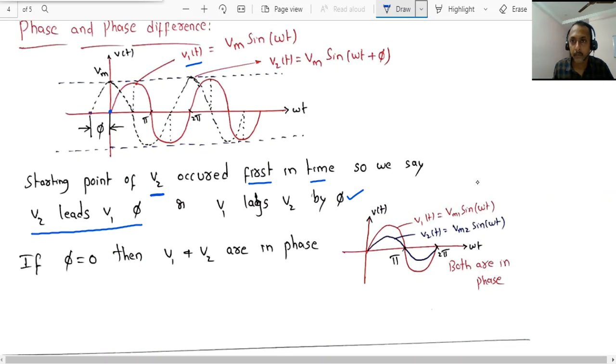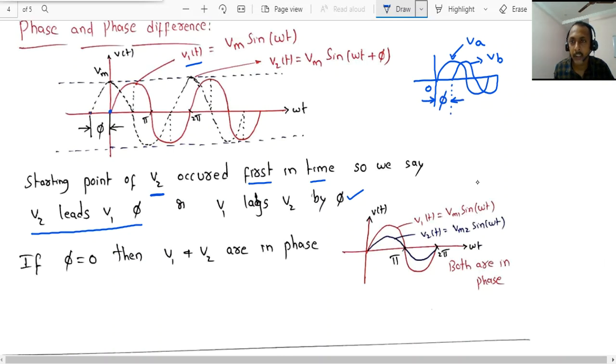For example, now observe, dear students, these two waveforms. This is VA, but VB is occurring here. This is VB. So VA started early and VB started later. The difference between VA and VB is some angle phi.